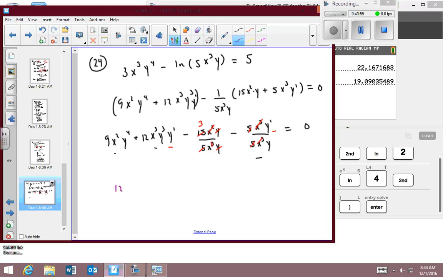So I got 12x cubed y to the 3rd y prime minus y prime over y, and that equals, bring this one over first, plus 3 over x minus, I'm taking that one over, 9x squared y to the 4th.